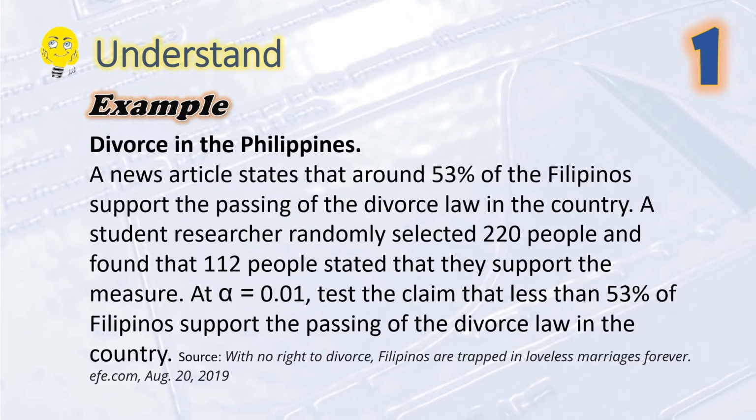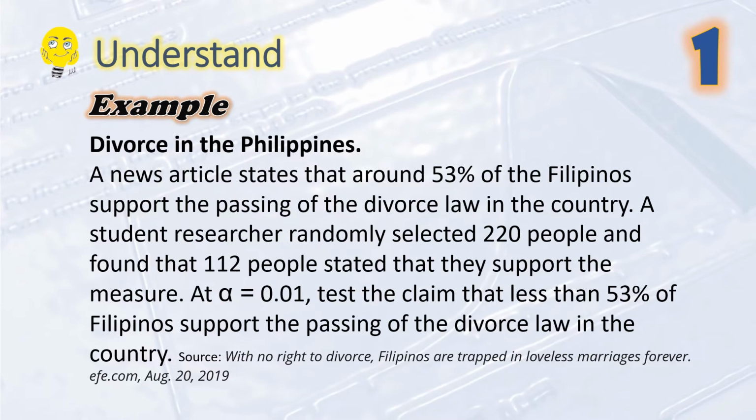A news article states that around 53% of the Filipinos support the passing of the divorce law in the country. A student researcher randomly selected 220 people and found that 112 people stated that they support the measure.